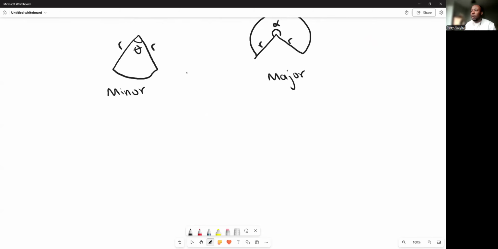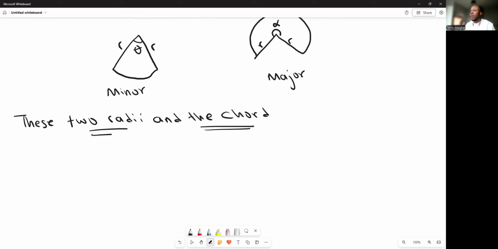So these two radii and the chord of the segment together form a triangle.